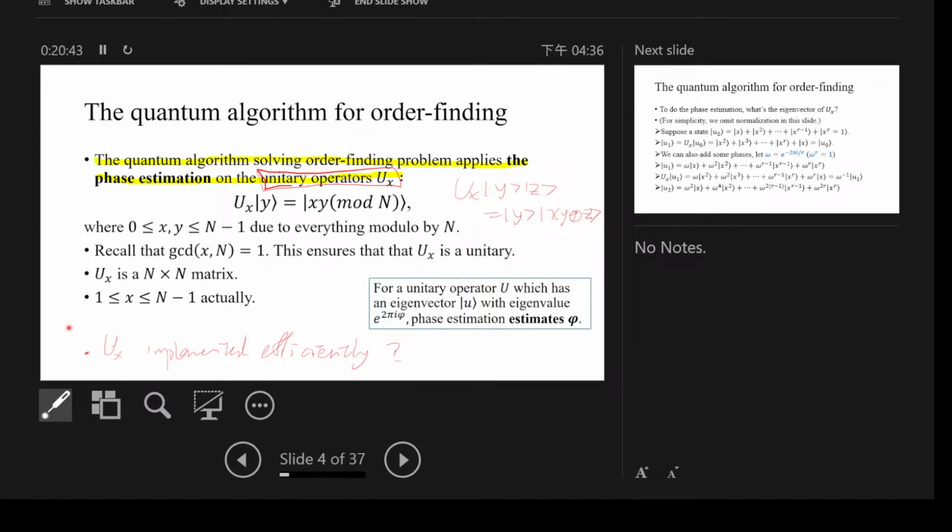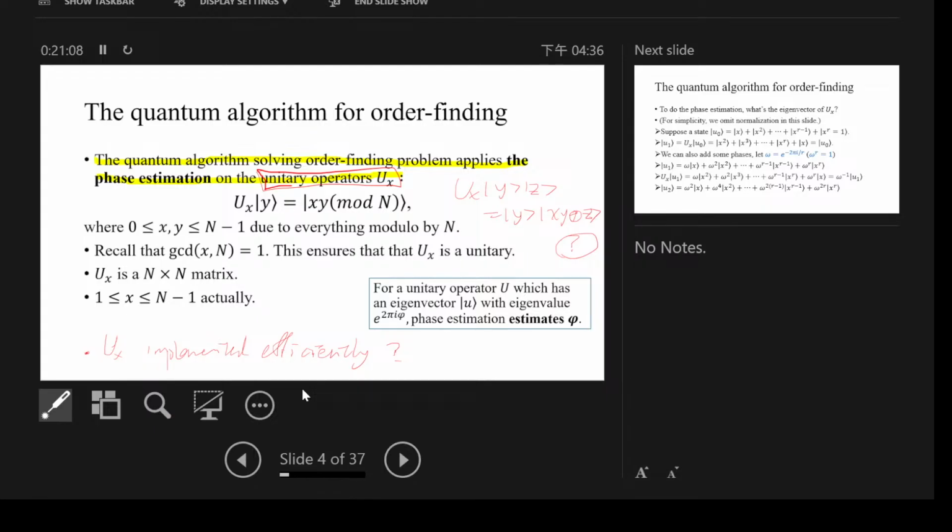So we're okay with this U_x, although it's questionable whether you can apply this efficiently, but people have worked out a workaround for how to do something similar to this.